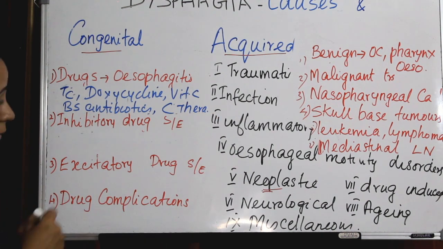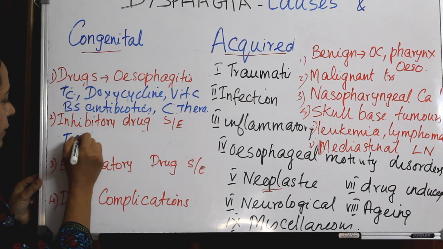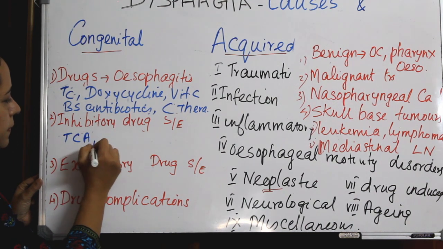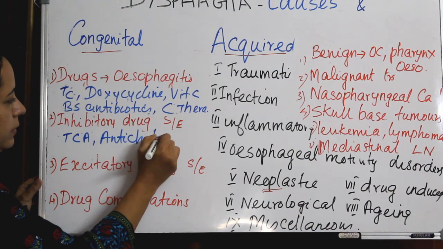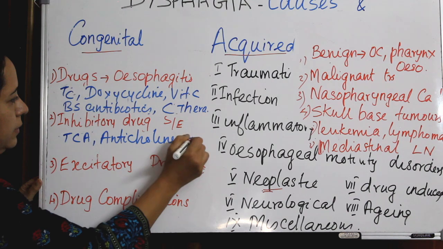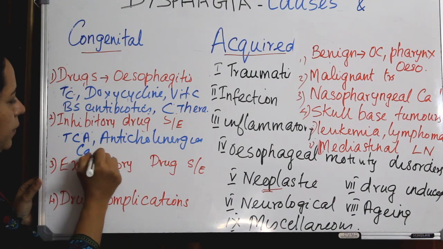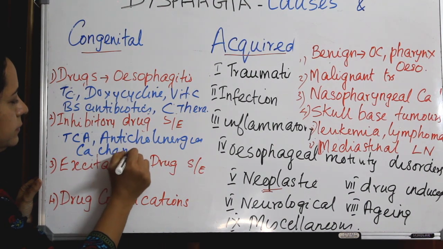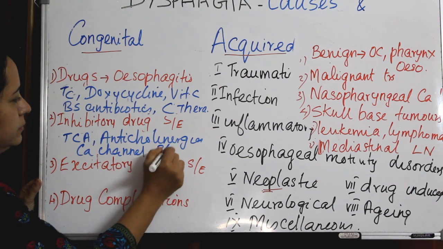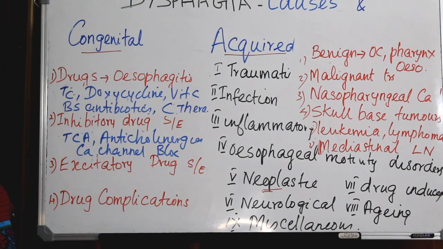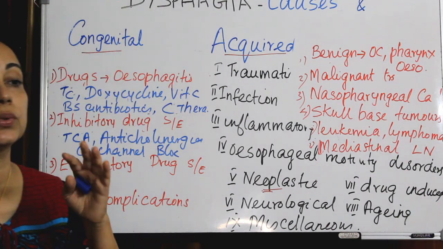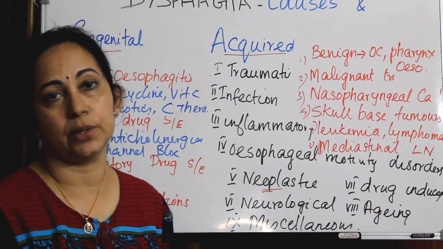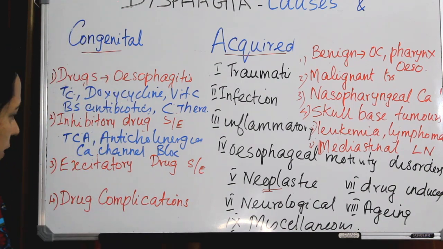Inhibitory drugs like tricyclic antidepressants, then anticholinergics, then calcium channel blockers. These will cause inhibition, that is, decrease the tone of the lower esophageal sphincter, and also the esophageal peristalsis is reduced. Thereby it will cause dysphagia.